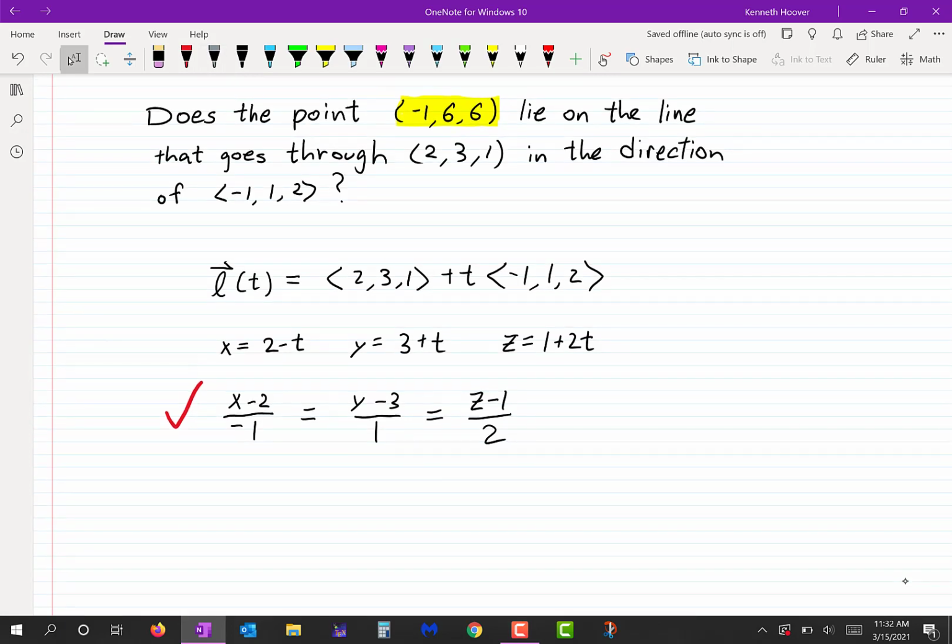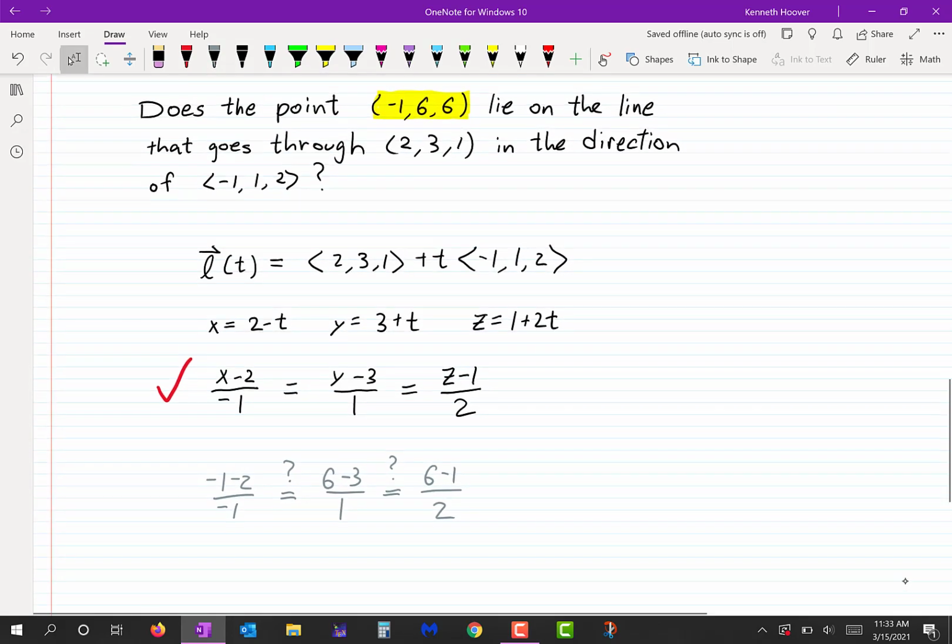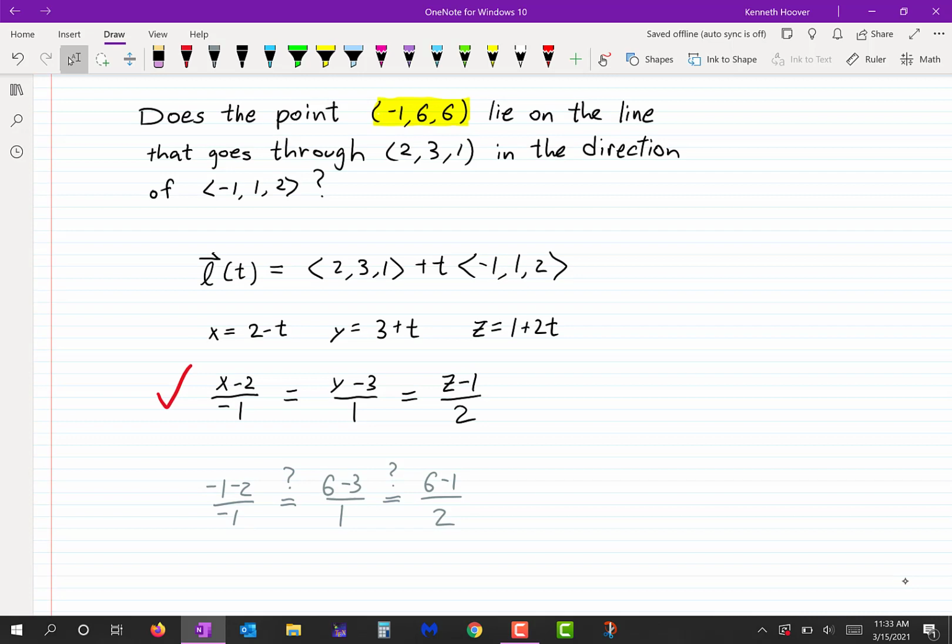So in other words, I'm asking the question, is it true that -1 minus 2 over -1 will equal 6 minus 3 over 1, and will that also equal 6 minus 1 over 2? It's a yes or no question that we're asking. Well, let's see.